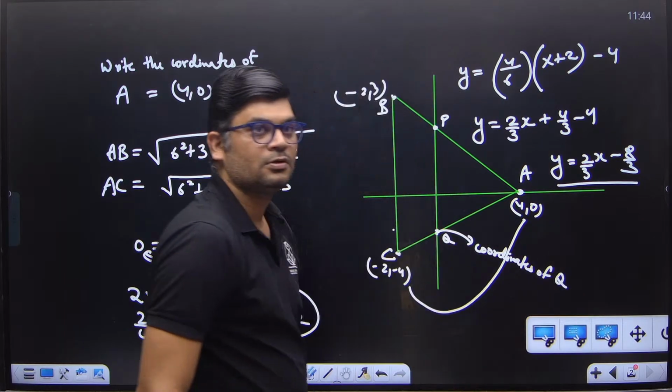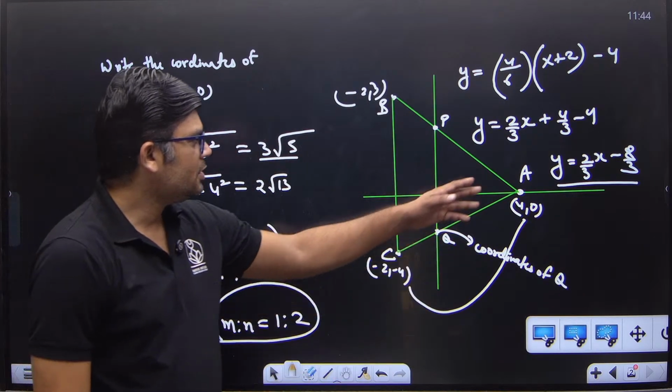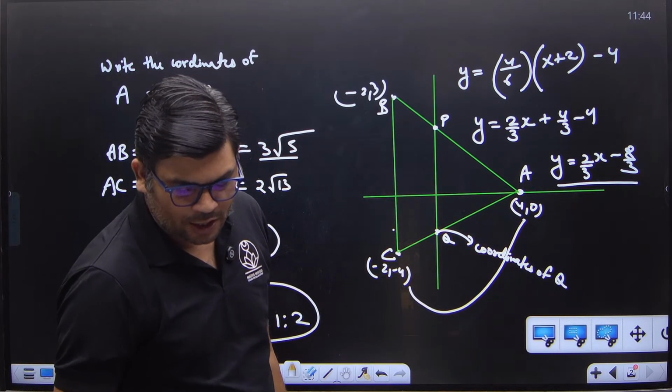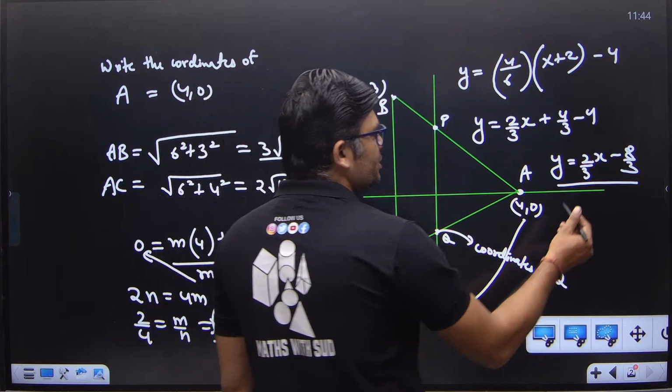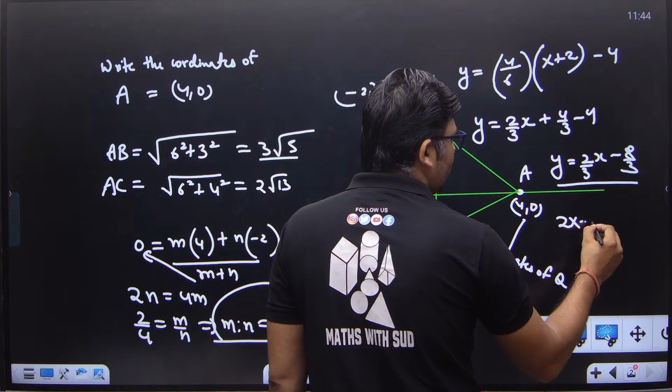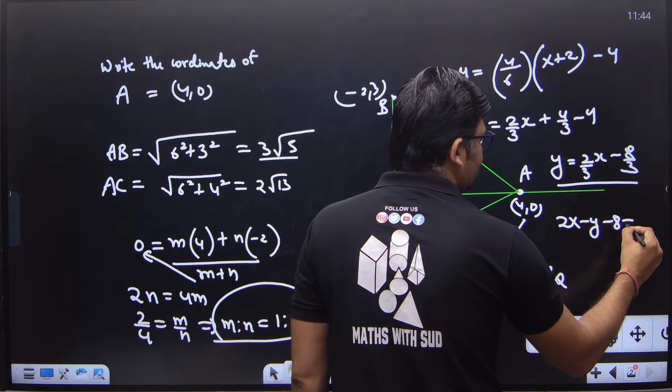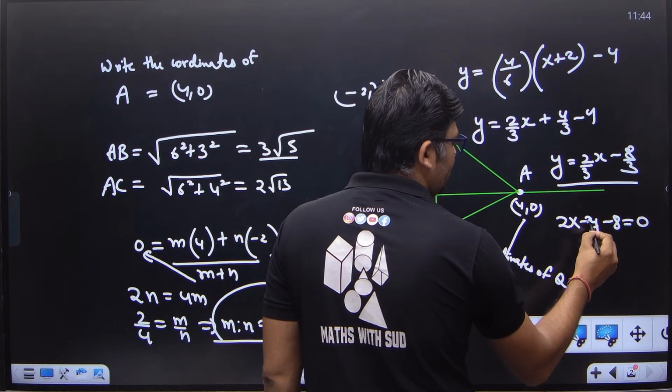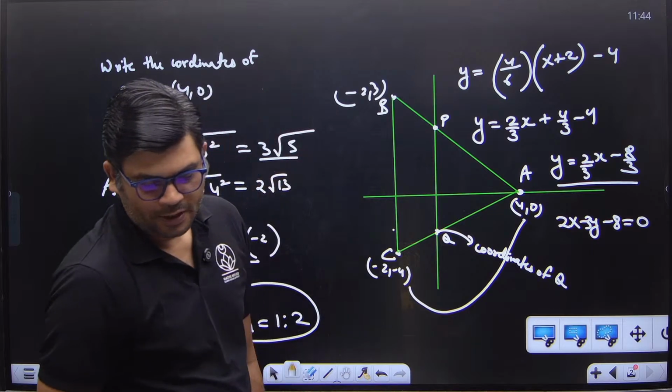This is the slope intercept form. And if you want to write in the standard form, you can just multiply the whole equation by 3 and take y on the other side. So you will have 2x minus 3y minus 8 is equal to 0.